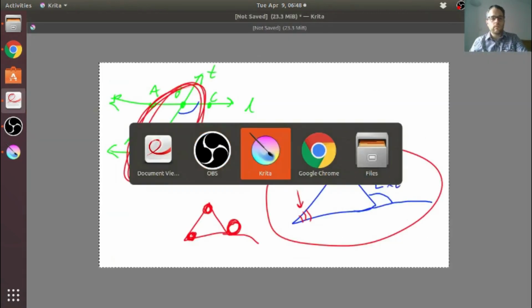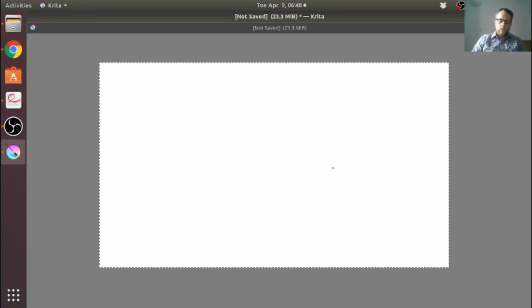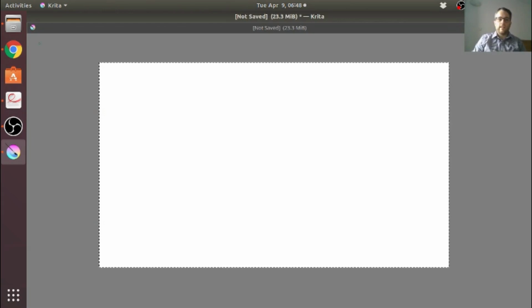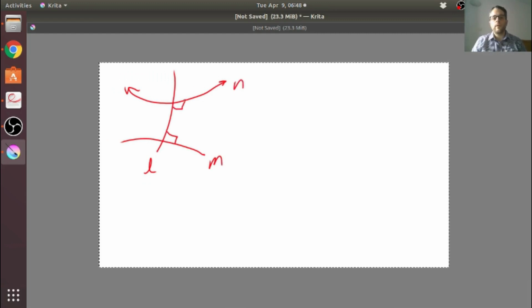Okay. So we have M is perpendicular to L and N is perpendicular to L. So M, N, and L. I have this L right here. I have M, which is perpendicular to L, and I have N, which is perpendicular to L. So all 4 angles here are perpendicular.